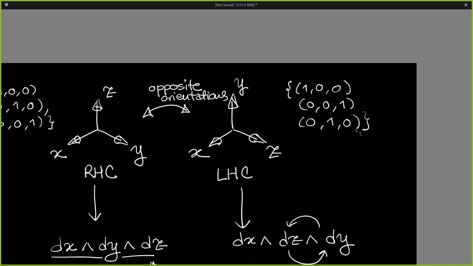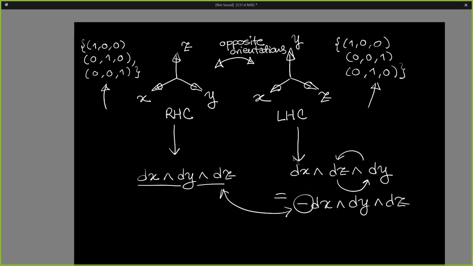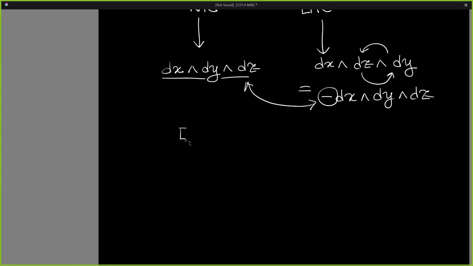Obviously there are other permutations of these basis vectors, but because there are only two signs that are possible, they're either equivalent to this one or equivalent to that one. So there end up being two equivalence classes: the equivalence class plus and the equivalence class minus.